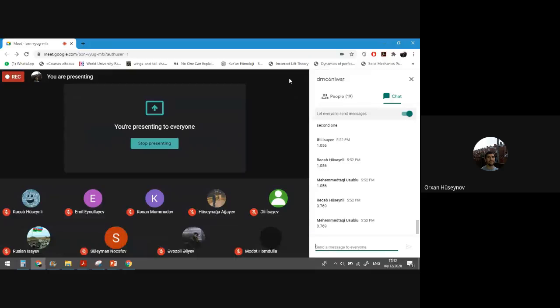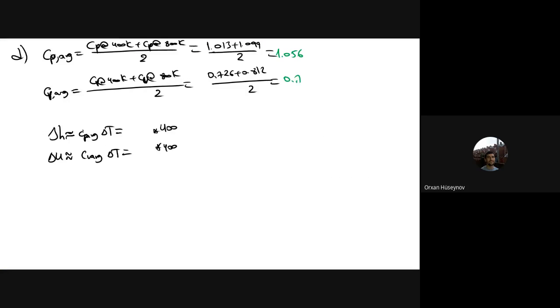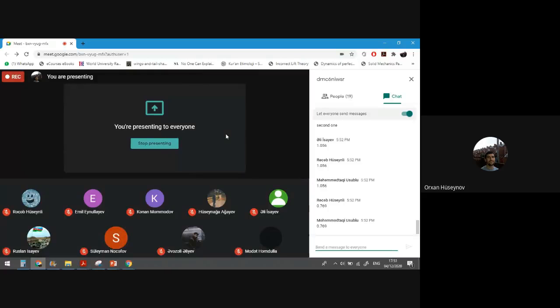Cp average is 1.0566 and Cv average is 0.769. Just multiply those values by 400.